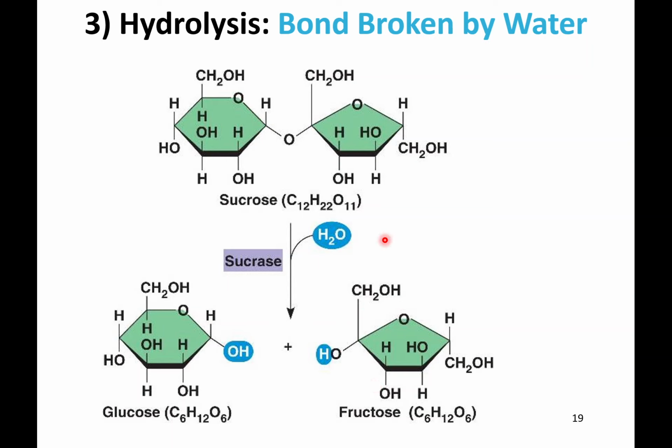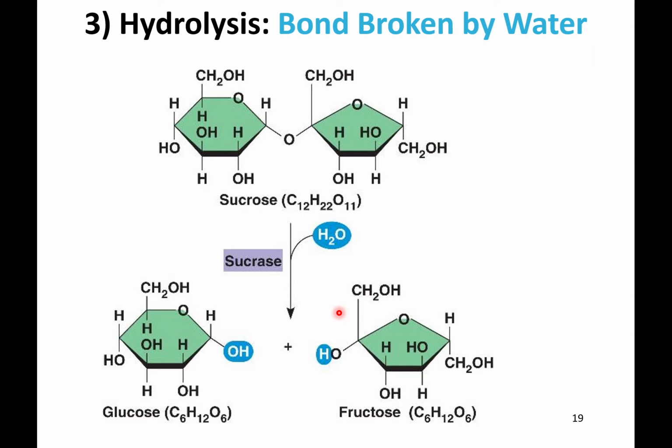You can also have this reaction go in the reverse direction, which would be forming a bond while eliminating a water. If we're running this in reverse, this highlighted OH and H will form water. That's what's known as a condensation reaction. So hydrolysis, breaking a bond with water.